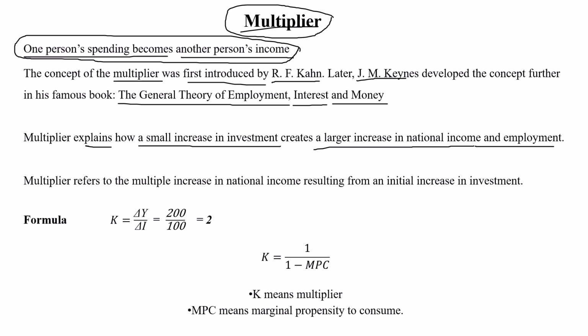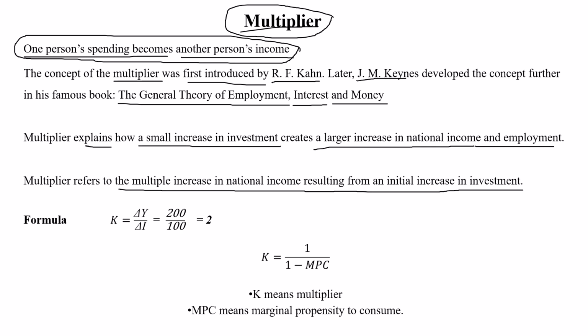So the multiplier means the multiple increase in national income resulting from an initial increase in investment.